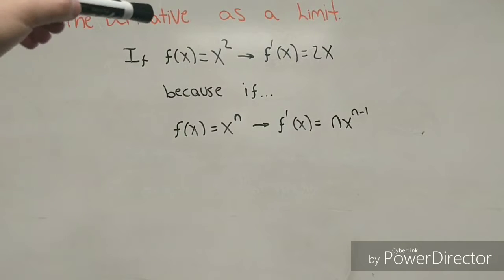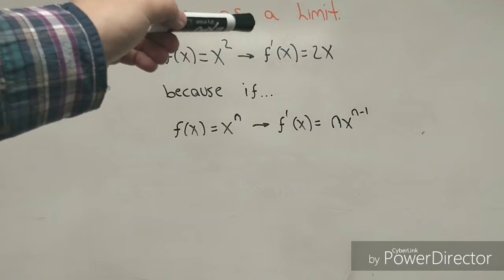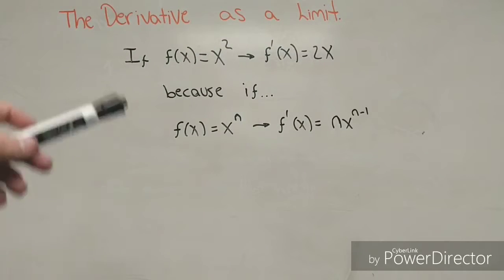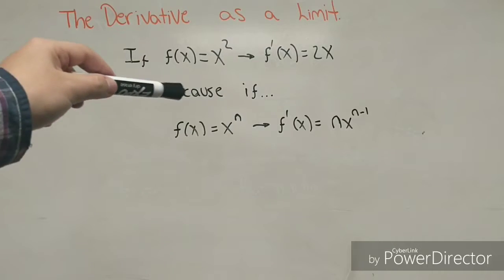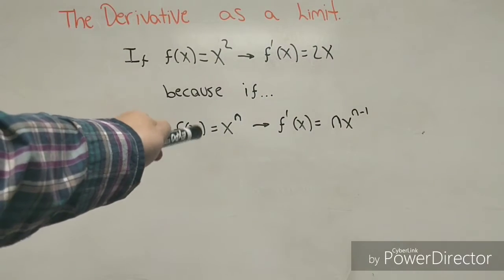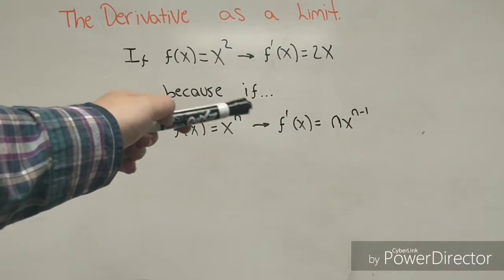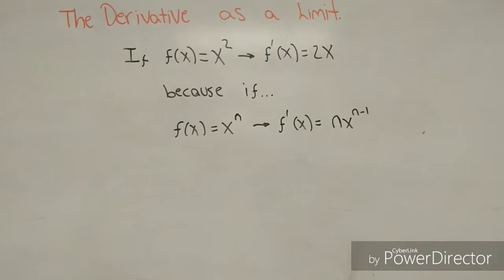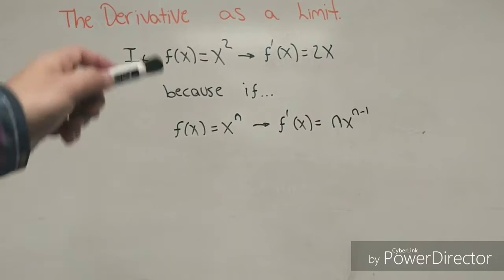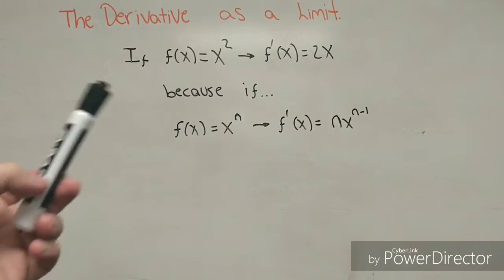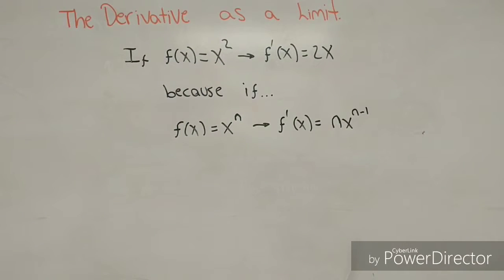If we have a function which is x squared, then the derivative will be 2x, and that's because of this formula: if we have a power function, then the derivative will be written like that. Well, we're going to make an example about how to get this from the definition of limit and from the notion of limit.